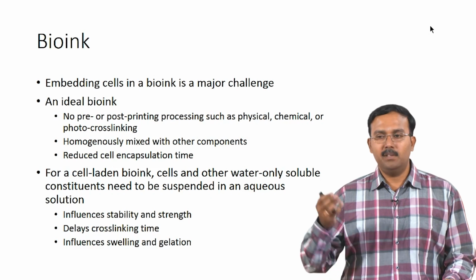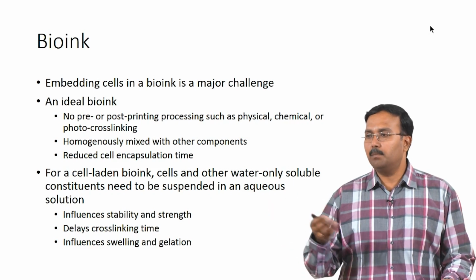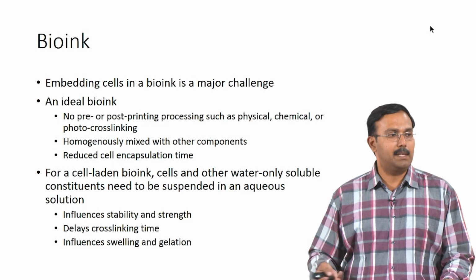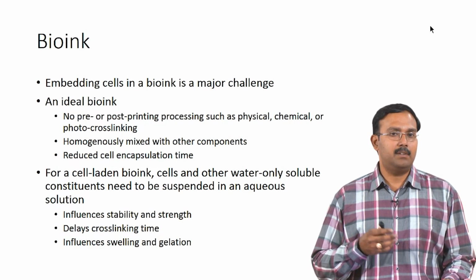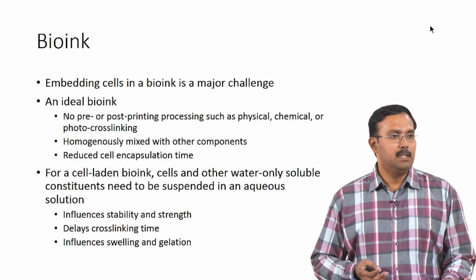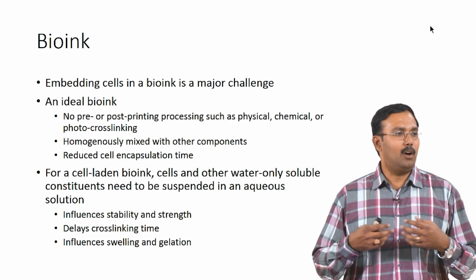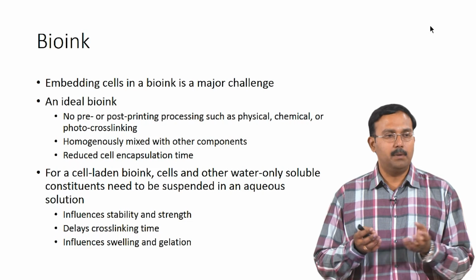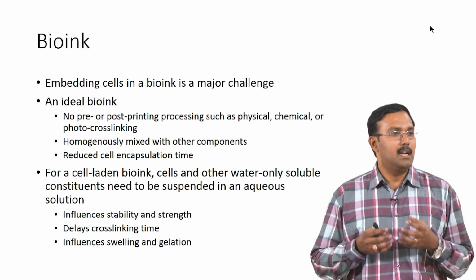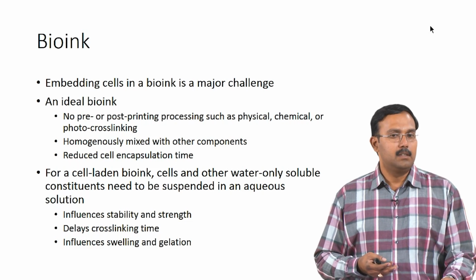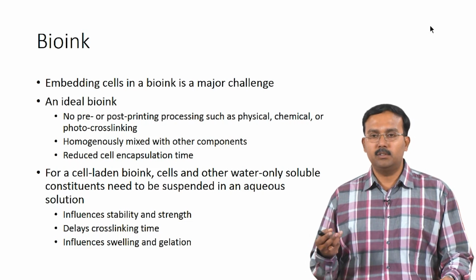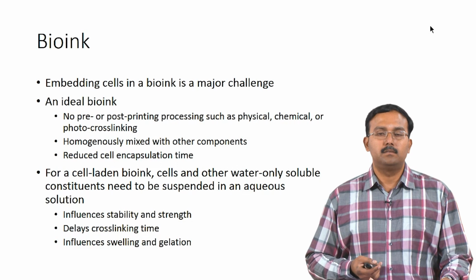Otherwise, you are going to have them loaded in one part and it is not going to print uniformly or print the way you expect them to print. So, you also have to have reduced cell encapsulation time, in the sense that it should not take a long time for the cells to actually be engulfed by, or dispersed in this, and if that is going to be the case, then the cells are probably going to die. So, you would want it to have a short encapsulation time.